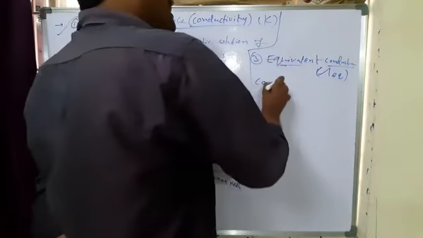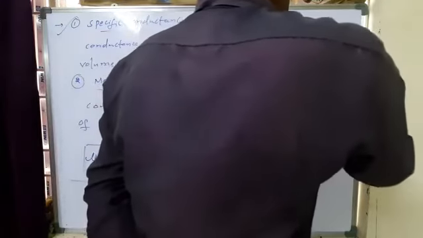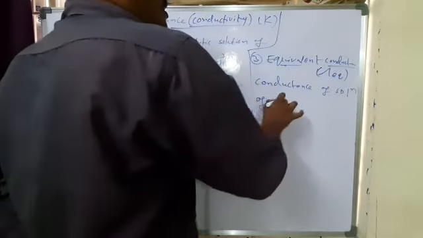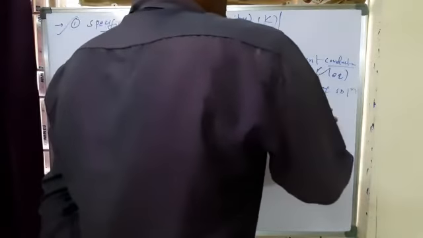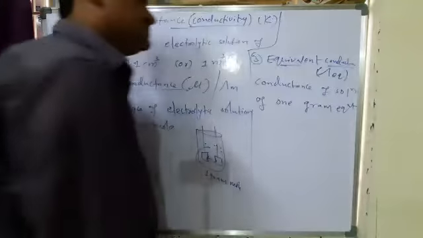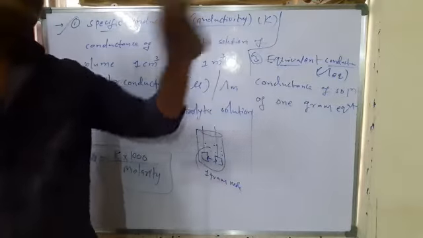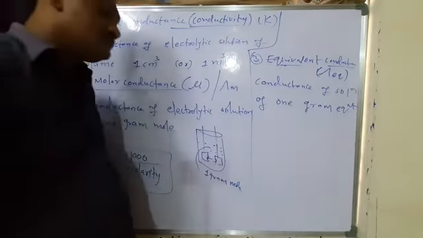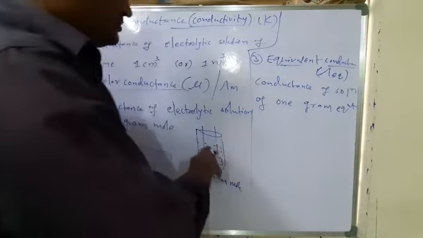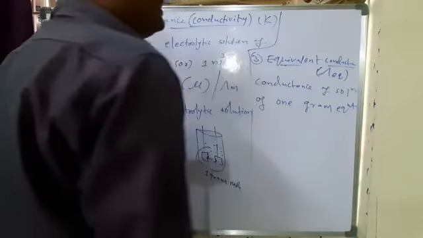So the conductance of the solution of 1 gram equivalent, placed between plates of 1 unit distance and 1 unit cross-sectional area, is the equivalent conductance.